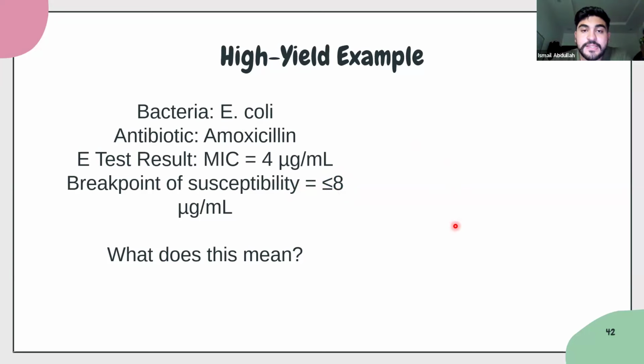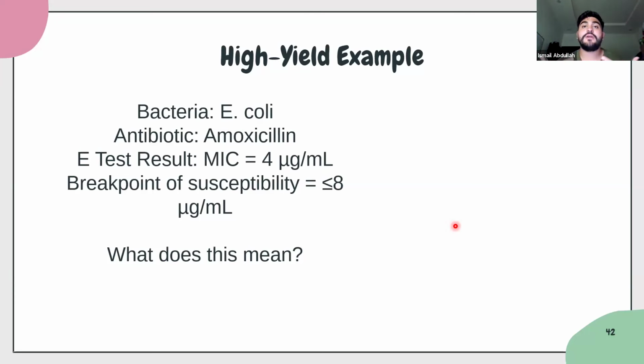This means that the antibiotic is effective, but I'm requiring a higher concentration, higher than the breakpoint of susceptibility. So this means that the bacteria is starting to develop resistance. If you use an antibiotic with a concentration above the breakpoint of susceptibility, this bacteria could start to develop resistance toward this antibiotic, because now you need to use higher and higher concentrations.